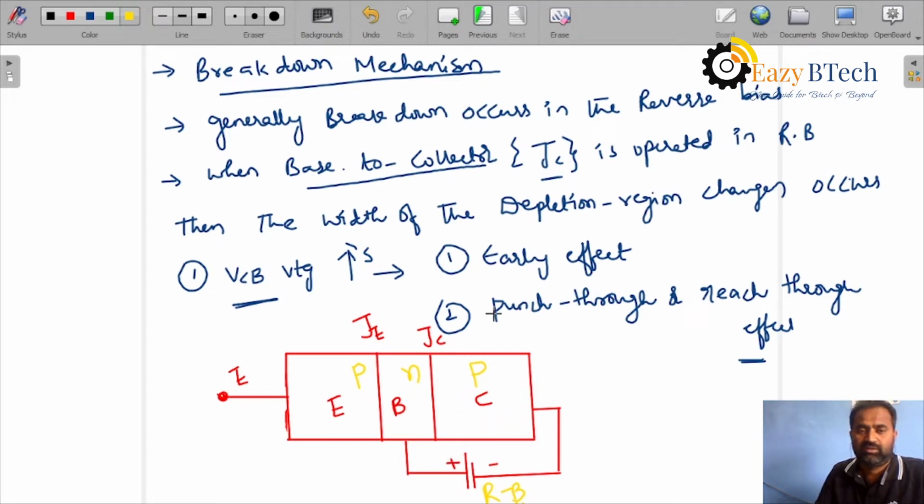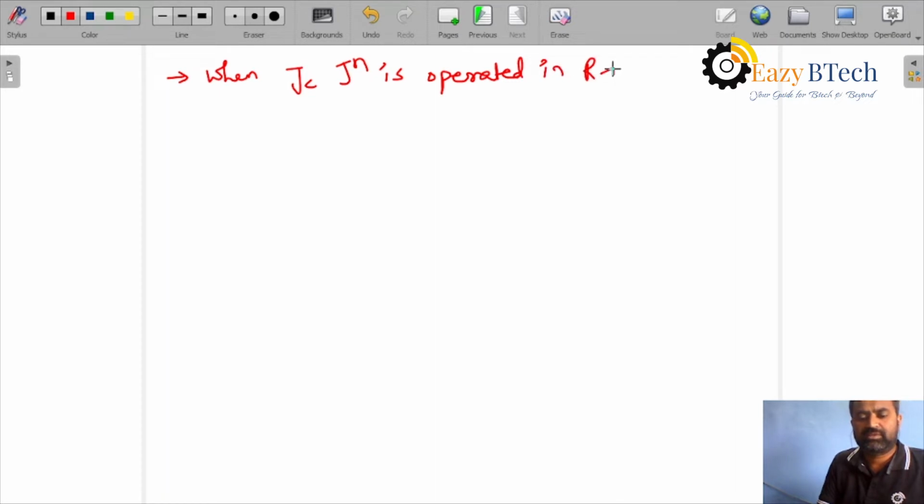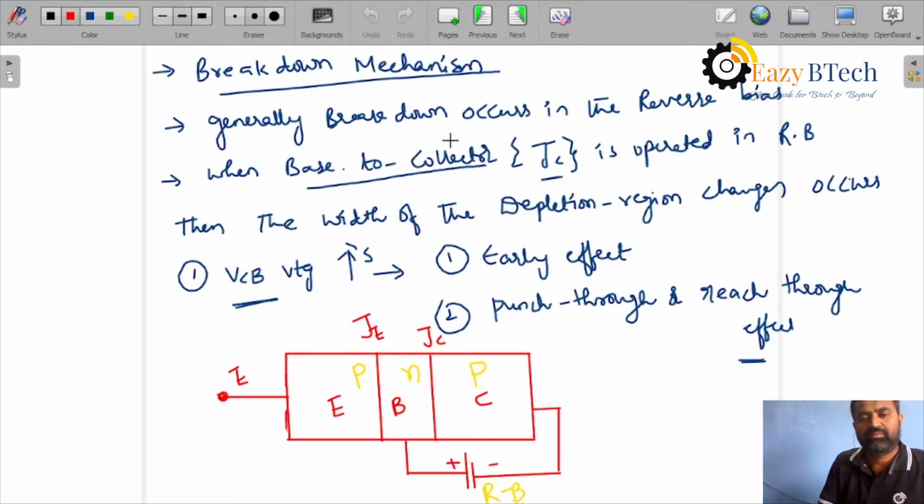Now, when the JC junction is operated in reverse bias, what happens? All the electrons are attracted toward the positive and all the holes are attracted toward the negative.